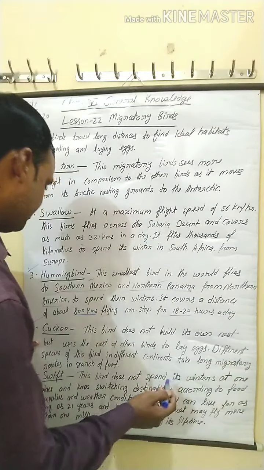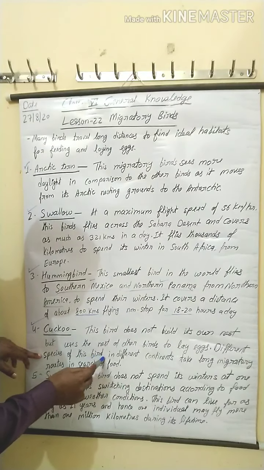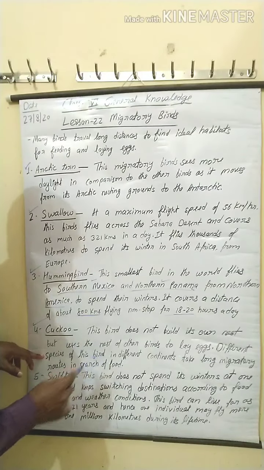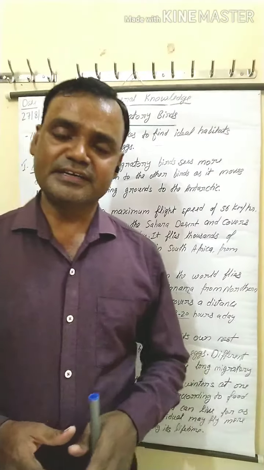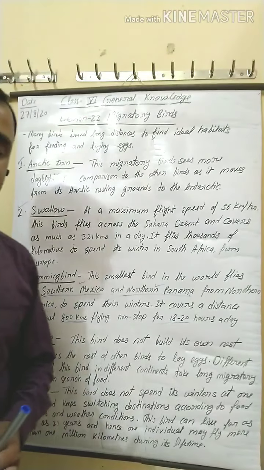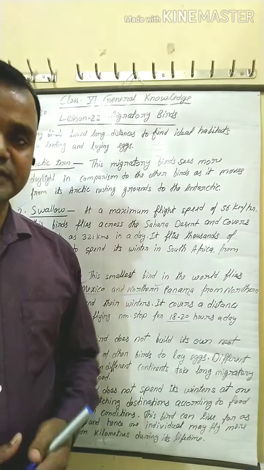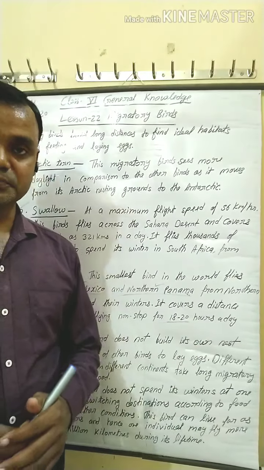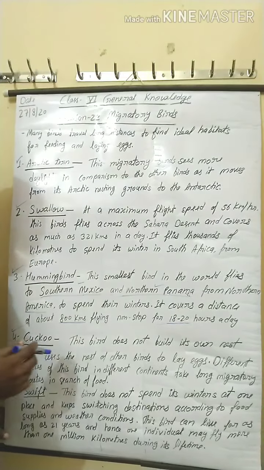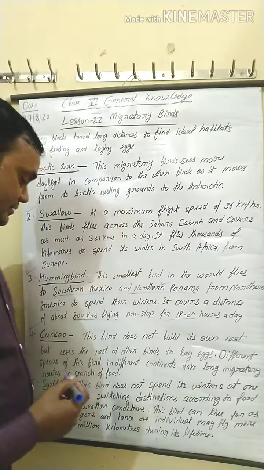Different species of this bird in different countries take long migratory routes in search of food. The varieties are found in different continents, and they migrate from one place to another for searching food. And they always use other birds' nests for laying eggs.